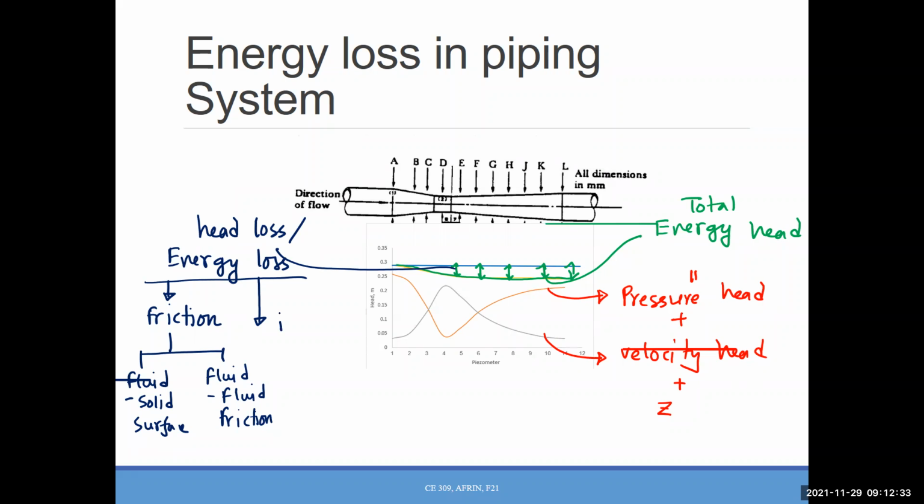If there are any irregularities on the way of the flow, the system can have some energy loss. Okay, so it's a very good similarity with car flow.